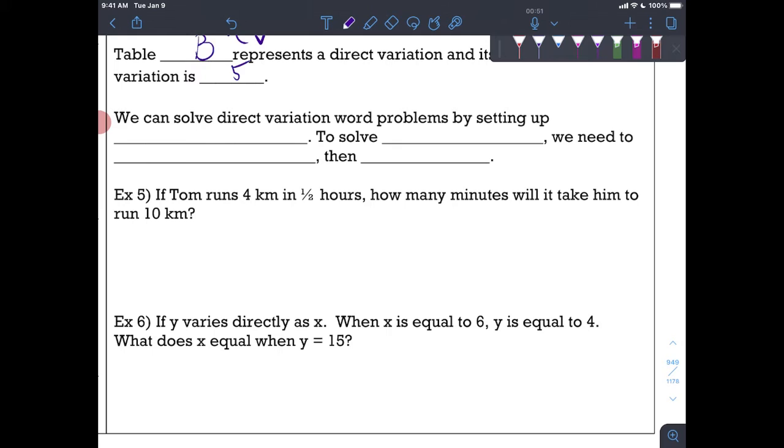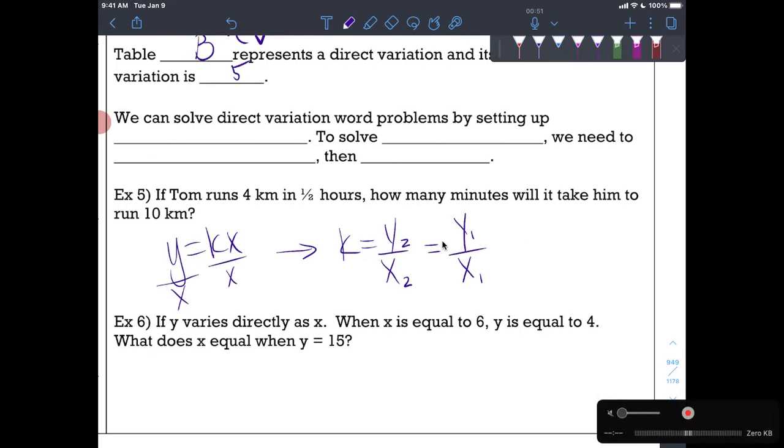Typically, what I'm going to say before getting into this is that because you use this formula, the reason that people like to do it with the y on top whenever you're talking about different sets of points is because of the way this formula is set up. Because this is proportional, you don't necessarily always have to put this in the same order, but you do have to make sure the y's are either both at the top or both at the bottom. The x's are either both at the bottom, both at the top, okay?